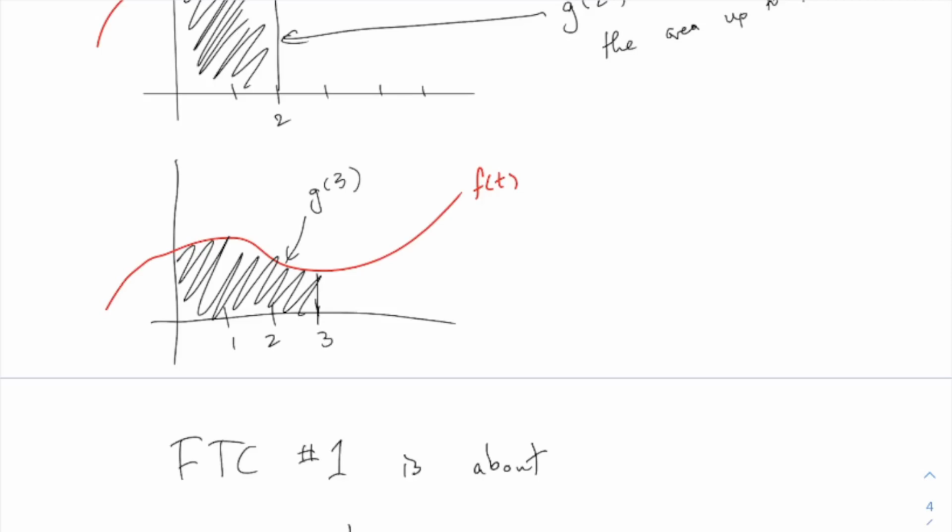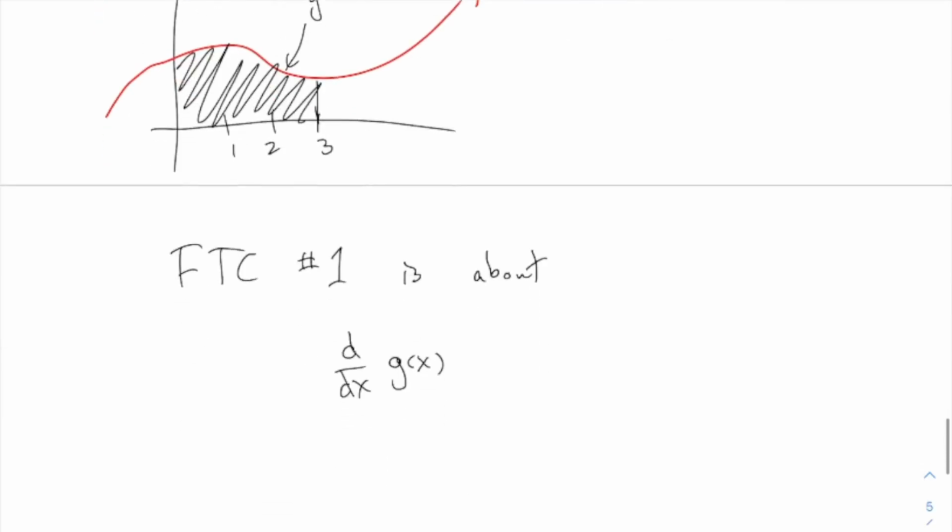The area up to a particular point. Find the derivative of that function. If you thought this is a weird function, this is even weirder. If I were to write it all the way out, it would look like this: the derivative of the integral from a to x, f of t dt. All right? Very strange looking. The fundamental theorem of calculus is about that, the derivative of the integral.